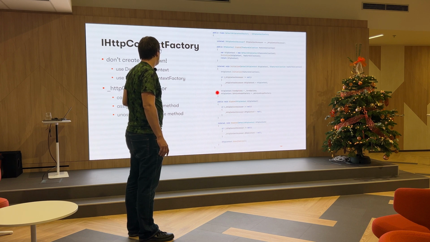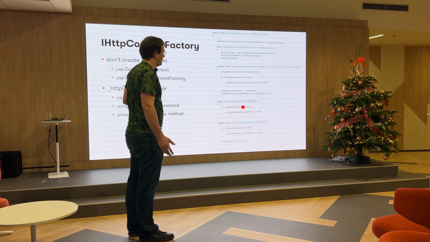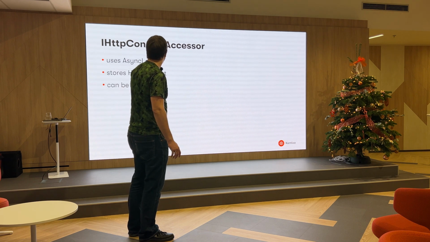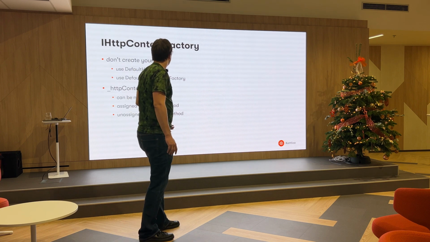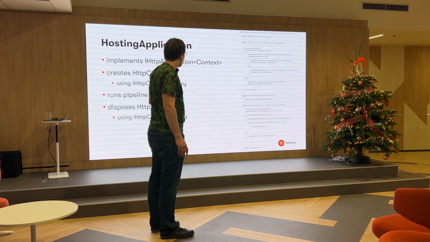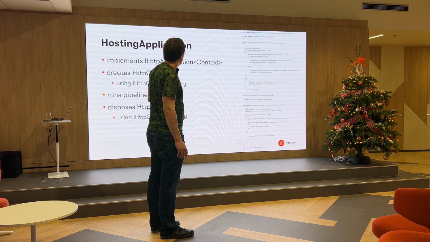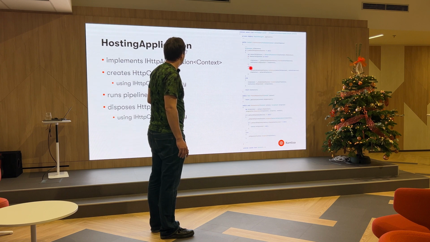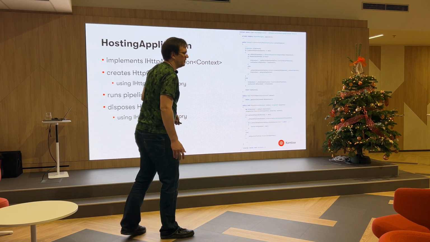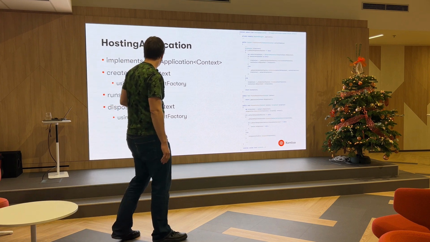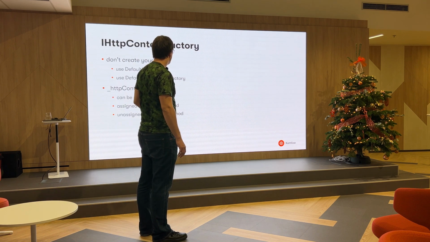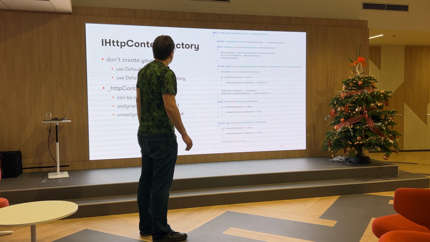And then, when it's disposed, it nullifies the HTTP context accessor. And if we take a look back, we see that the hosting application does the very same thing. So someone really wants this to be done, and it's really done in the very start and end of the lifetime of HTTP context.